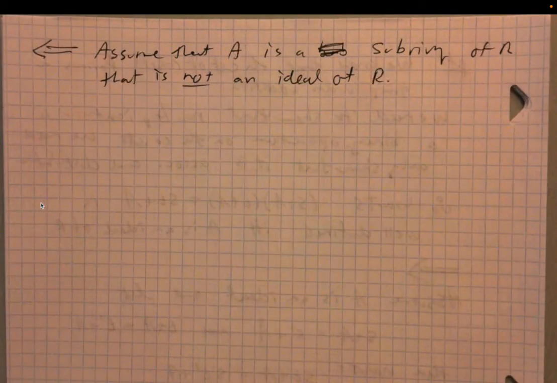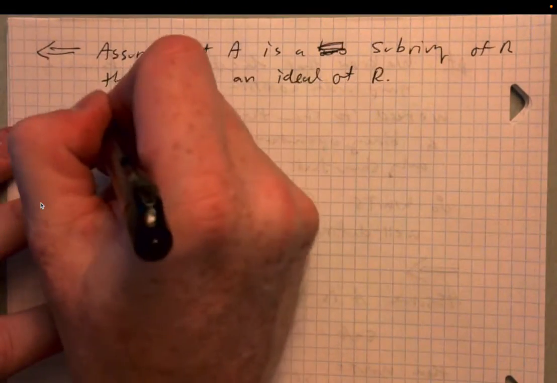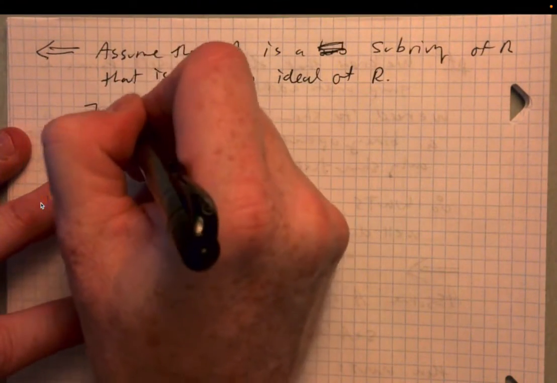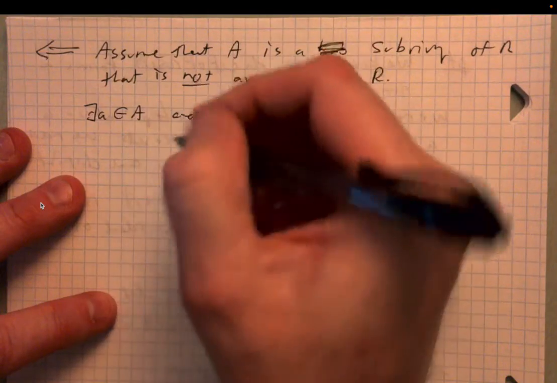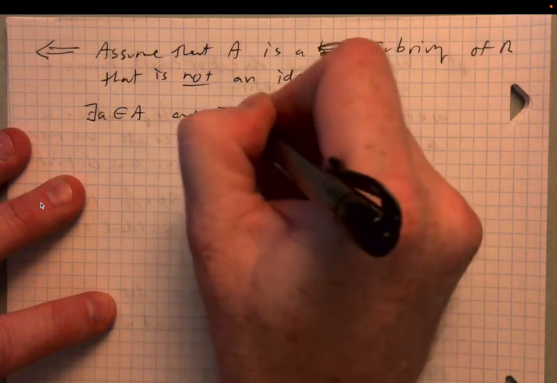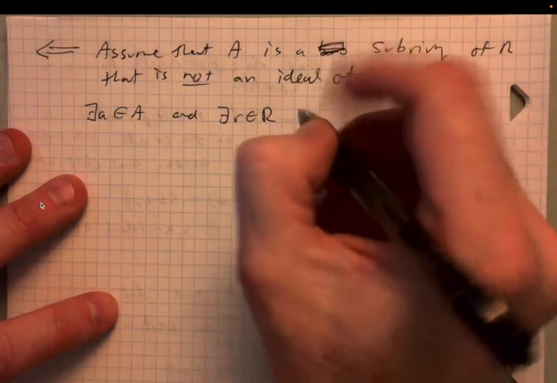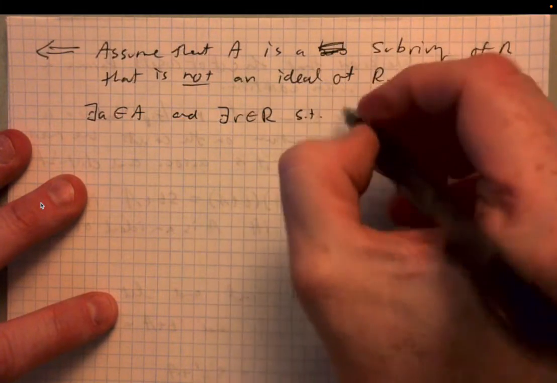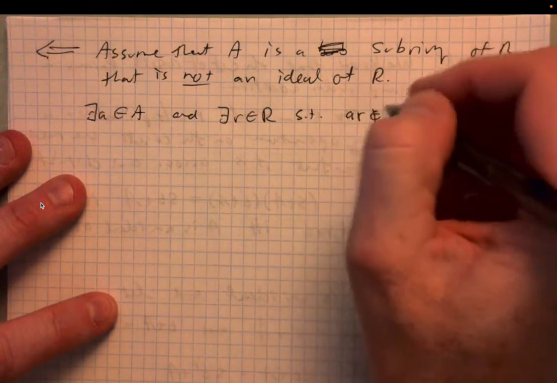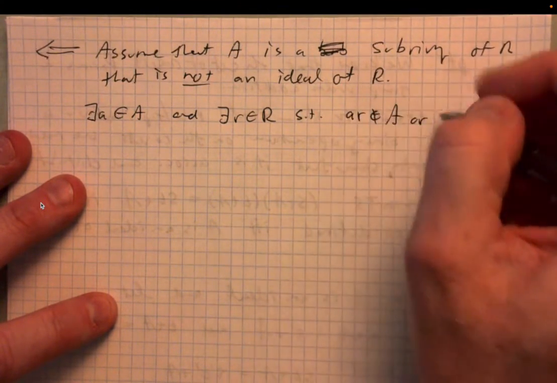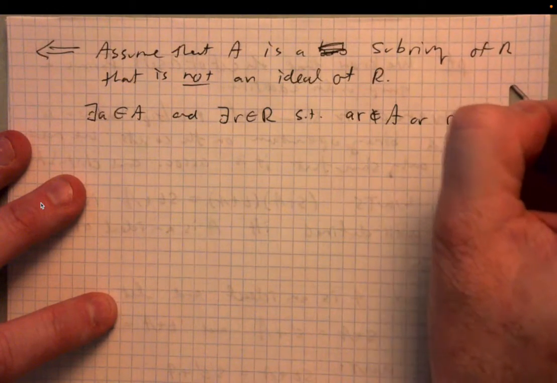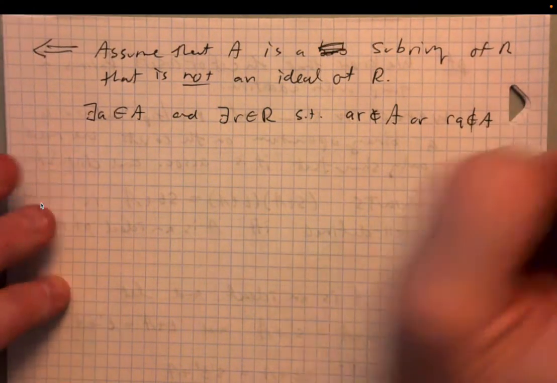Okay. All right, so we're going to think about the reverse. So if that's true, then there exists an a in A, and there exists an r in R, such that a times r is not in A, or r times a is not in A. One of those is true, right?